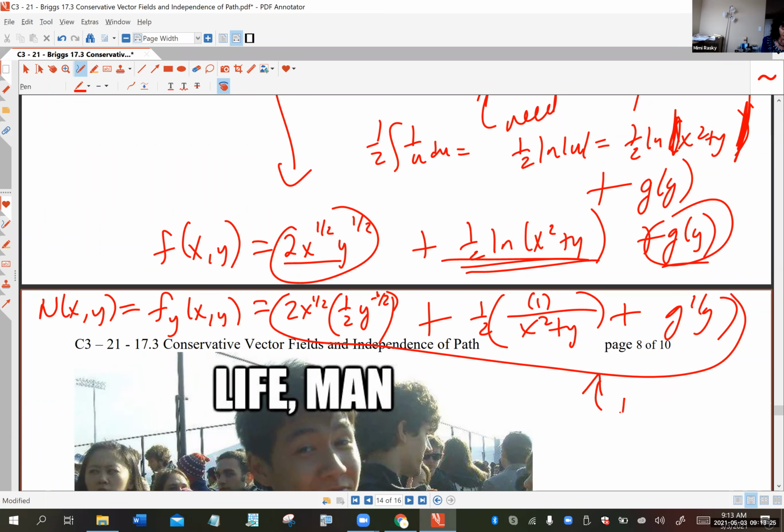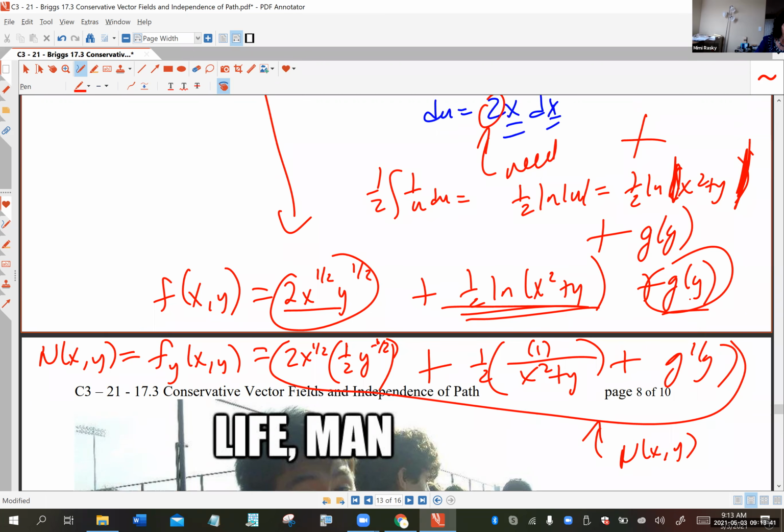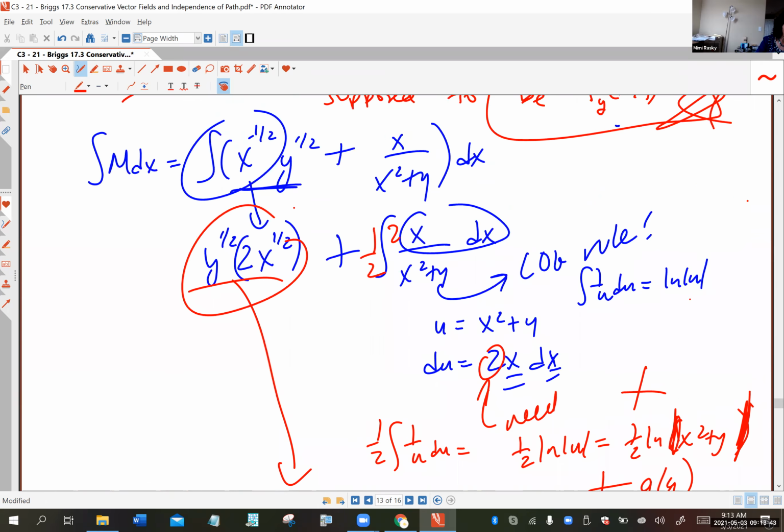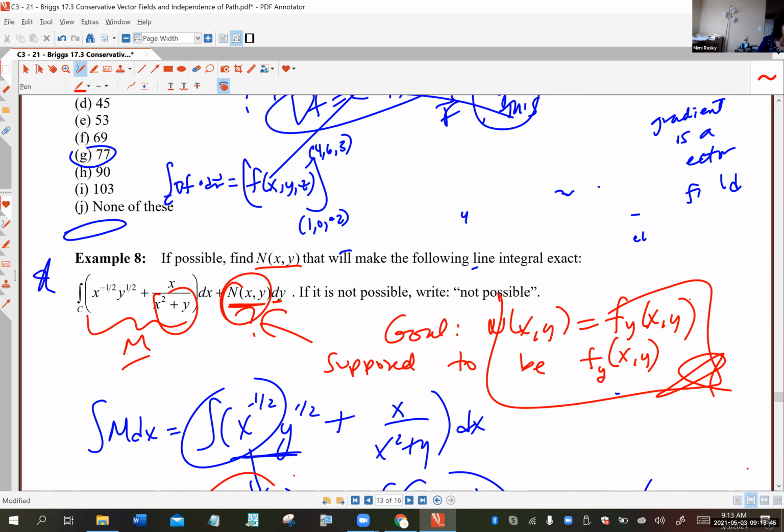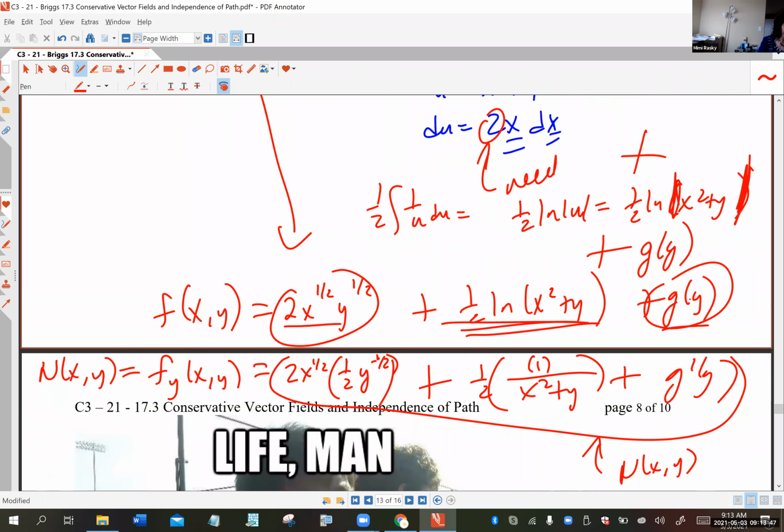This is your N. Well, what's g prime of y? You don't need to know, but you do need to put that in there as part of your answer, because N has some other junk in there. So that's the point. And this is a pretty abstract problem, but that's what I love about it. It's really acknowledging this extra stuff that I put in there.